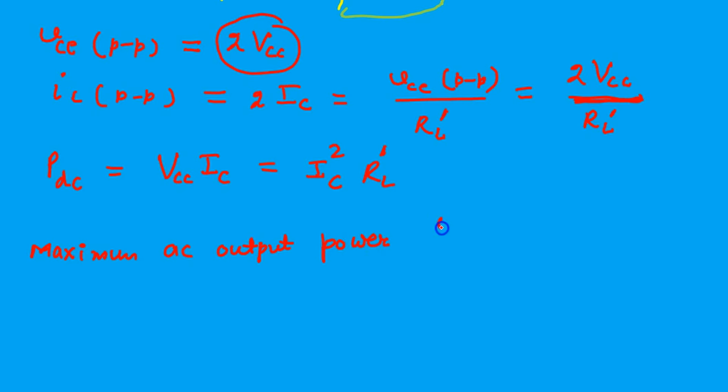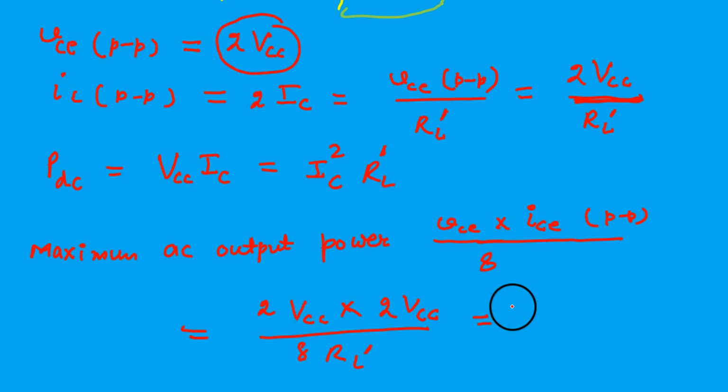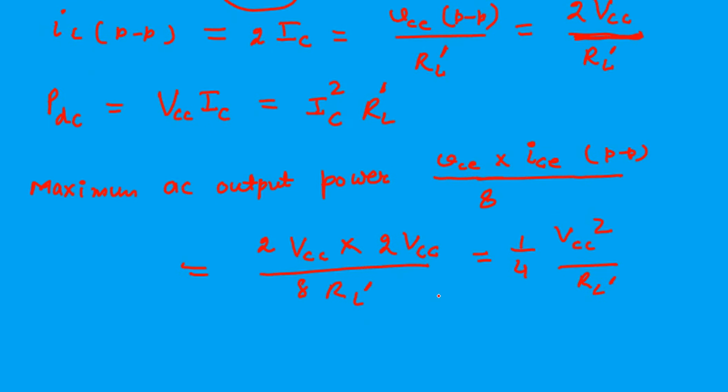Maximum AC output power is, as we already derived this relation above, the peak to peak values of voltage and current divided by 8. And substituting the peak to peak values of voltage and current, that becomes the maximum AC output power.